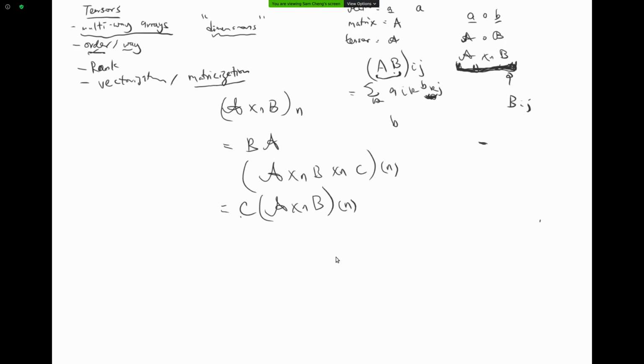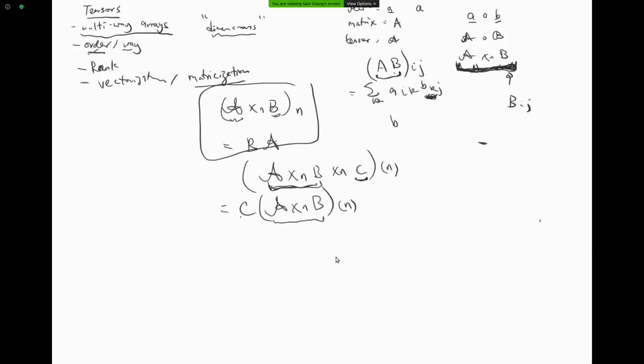Because this is a tensor, and this is basically just using this identity here, right? I consider this one as A in this equation, and this C here I consider as the B in this equation.